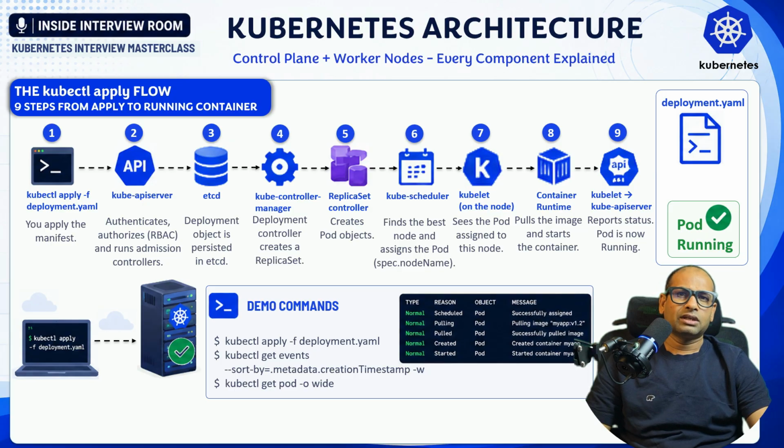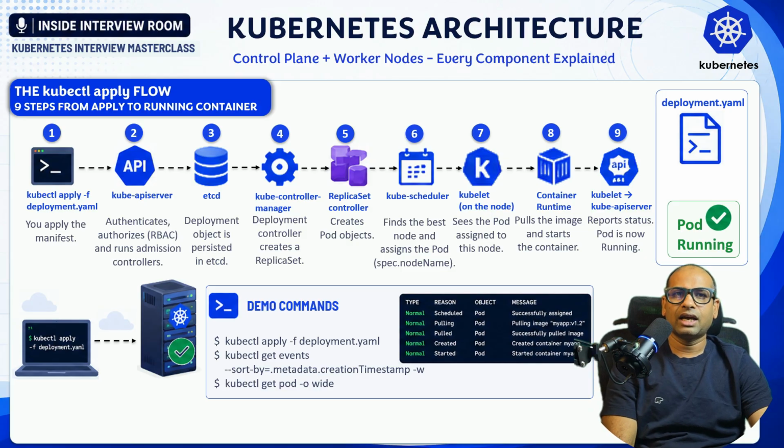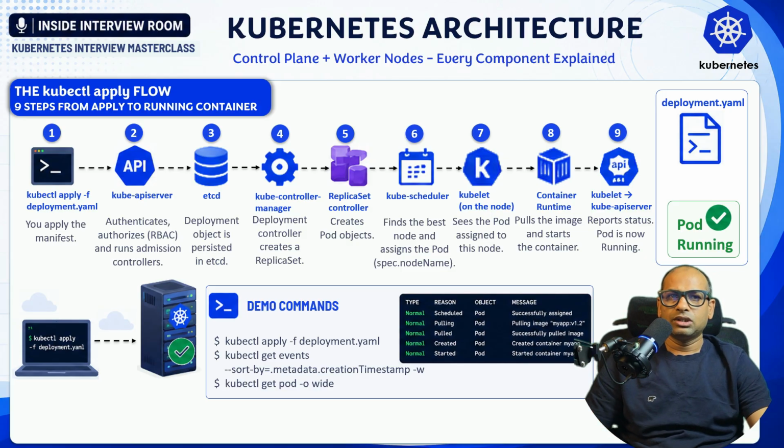Want to prove it to yourself on a real cluster? Three commands on the slide. Run kubectl apply -f deployment.yaml, then kubectl get events where you can see the events. Watch, you will literally see scheduling, then pulling, pulled, then created, then started, scroll by in order.